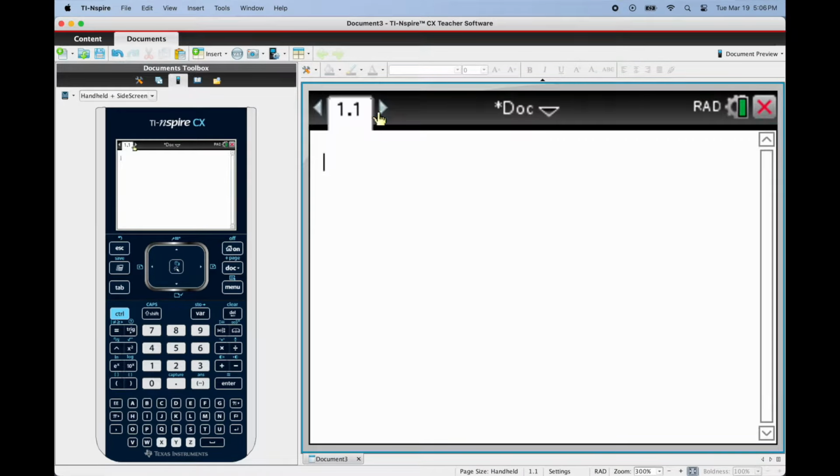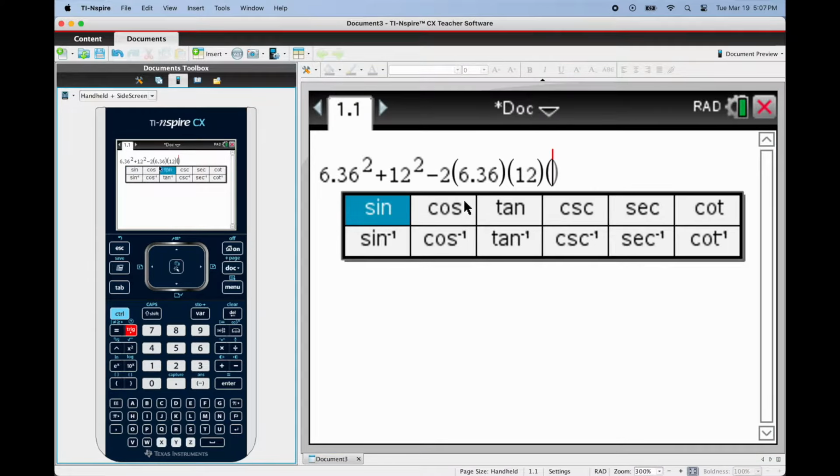And get to it. So 6.36 squared plus 12 squared minus, oops, sorry, minus 2 times 6.36 times 12 times cos 45.